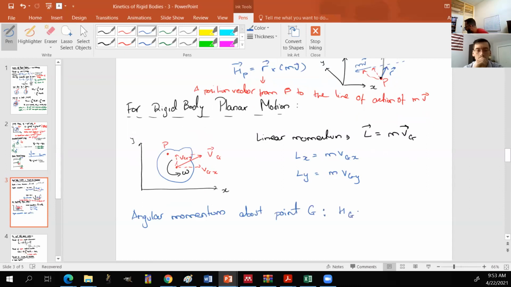And that angular momentum is just equal to Ig times omega. Or you could do it about a random point P as well.